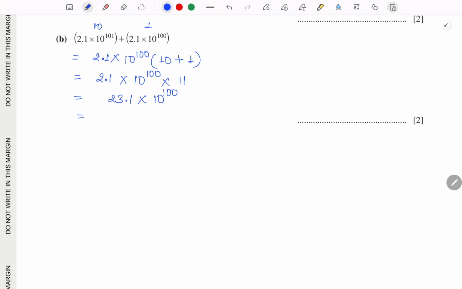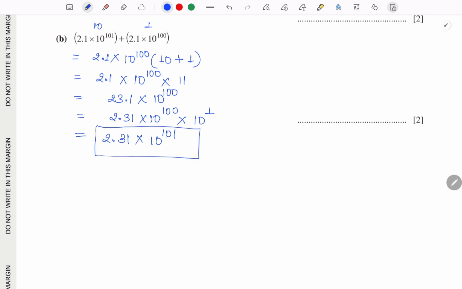If I want to write it in the standard form, I will have to move this decimal leftward, and 2.31 into 10 raised to the power 100 into 10 raised to the power 1, because I have moved the decimal one place to the left. So 2.31 into 10 raised to the power 101. So this is our answer for this question.